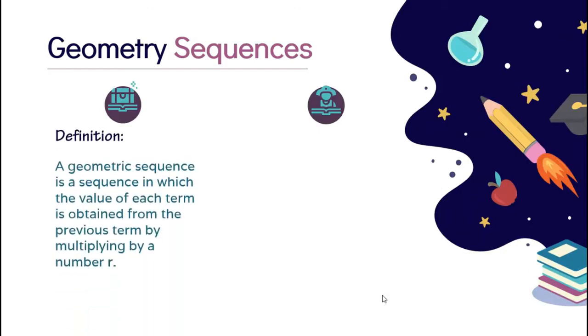Next, about geometry sequence. The definition of geometry sequence. A geometry sequence is a sequence in which the value of each term is obtained from the previous term by multiplying by a number r. The ratio between the value of a term and the value of the previous term, which is adjacent to each other, is always the same, namely r. So that un divided by un-1 equals r.